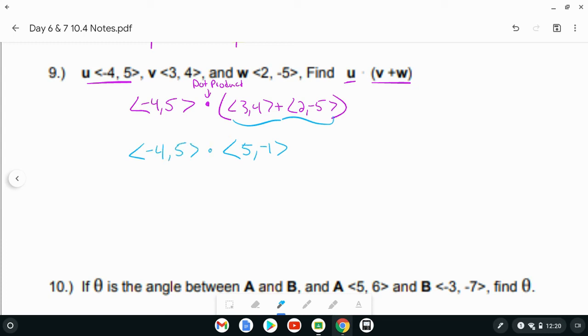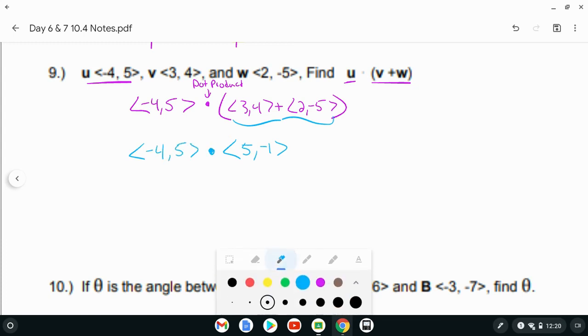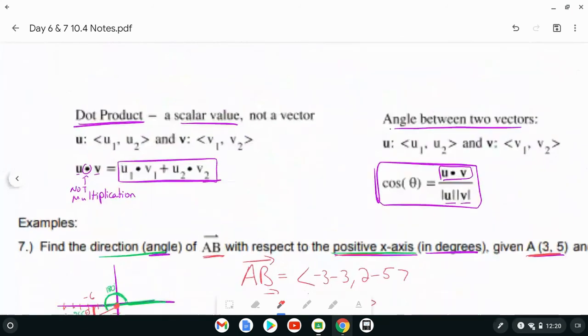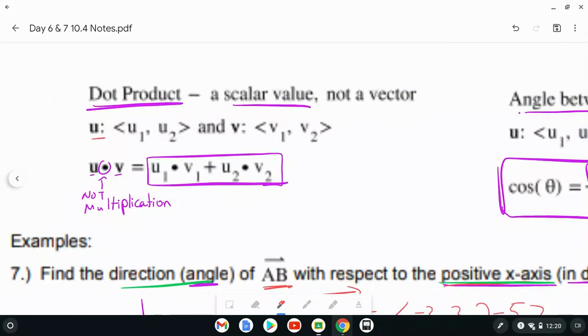Now, when we do the dot product, we haven't done one of these before yet. So again, up at the top, let's refer to the process. If we have vector u and vector v being dot product, we do u times v, u1 times v1, the horizontal components. Those we actually multiply. Then we add that with the vertical components that are being multiplied.